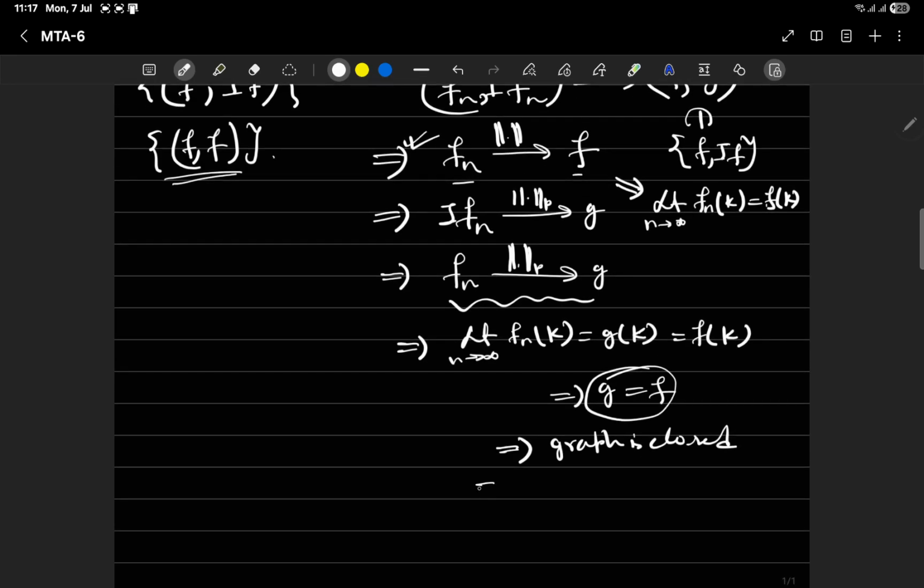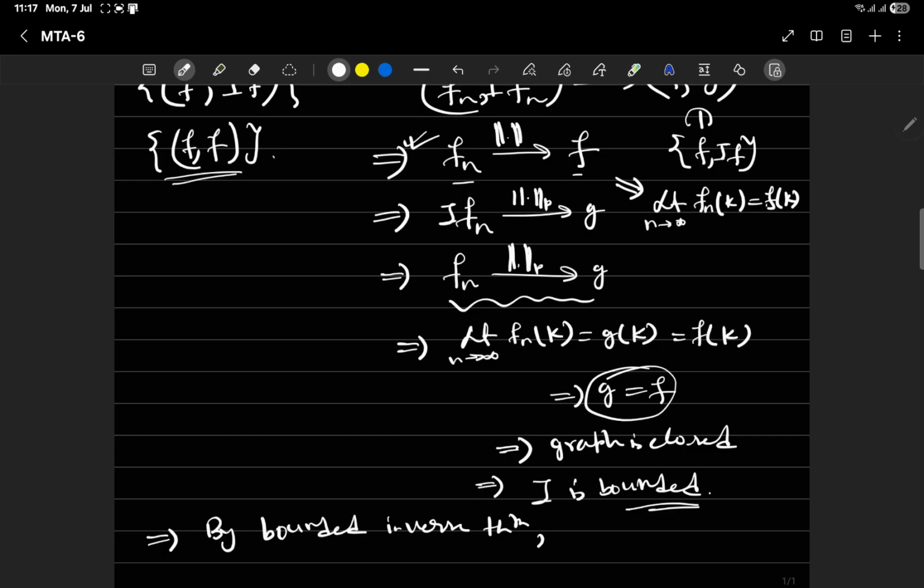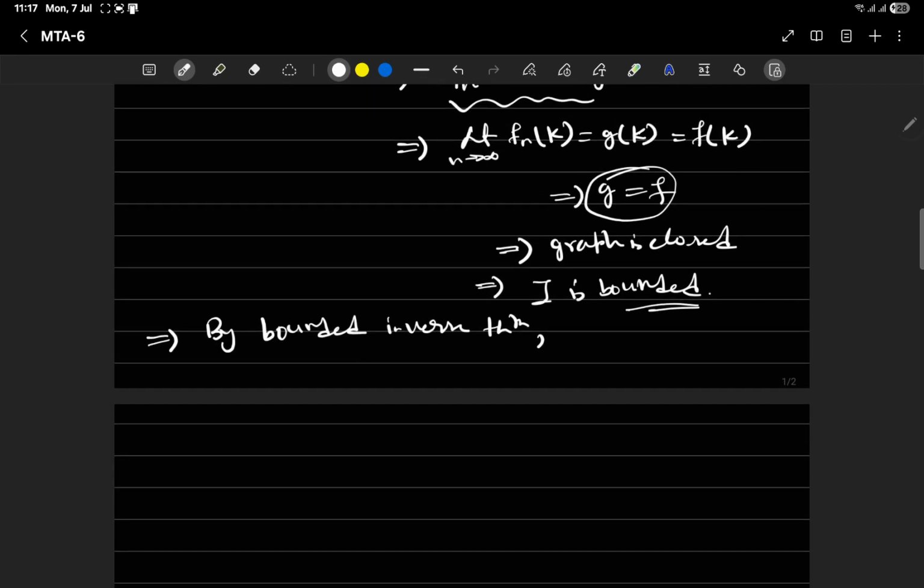That implies I is bounded by the closed graph theorem, which implies, by the bounded inverse theorem, that these two norms are equivalent.